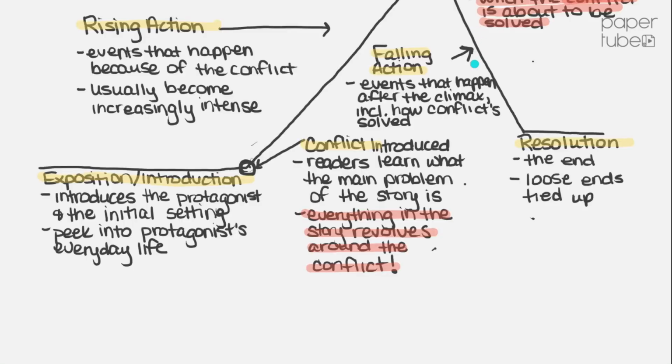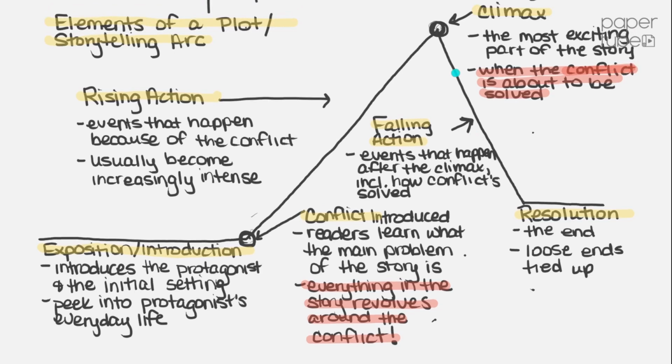Will Voldemort win or will Harry win? When it can go either way like that, that's when you're at the climax. After the climax, we have this downhill slope, and that is called the falling action. The falling action is basically just the events that take place between the climax and the end of the story.